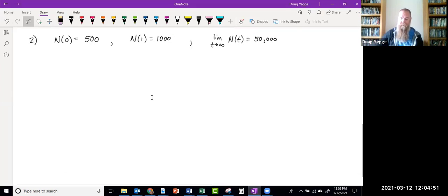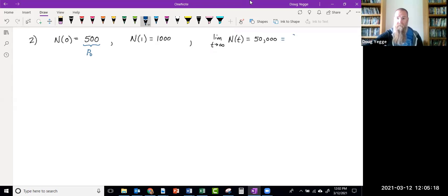Now it's asking us to solve for N of T in this situation. So we need to start recognizing what each of these values means. First of all, this is our P0, our initial population of people that have seen this advertisement. We also have to realize that 50,000 represents the carrying capacity.